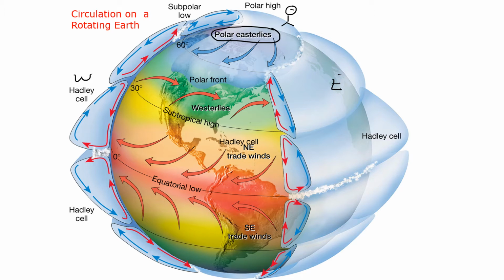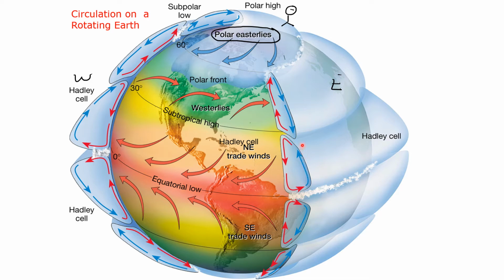Now, let's head down here to the equator. This air begins to rise, and it moves to the north, where as it rises in the atmosphere, guess what happens to the temperature?